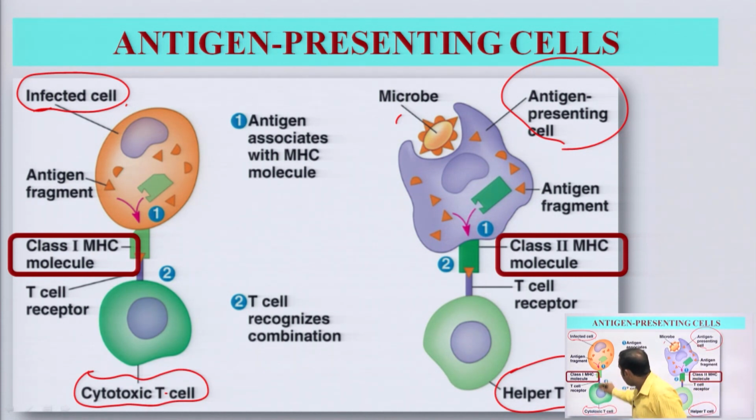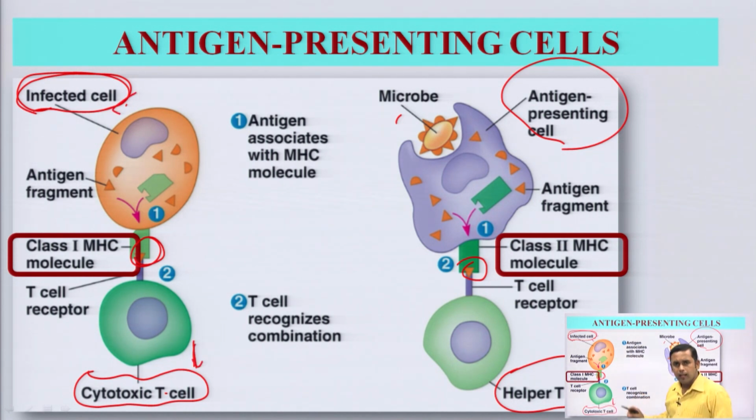When your infected cell presents through MHC, it will bind or make a complex with the cytotoxic T cell. In this case, the kind of MHC that forms we call class 1. In the other case, if only a microbe is present, we are not going to destroy that cell.